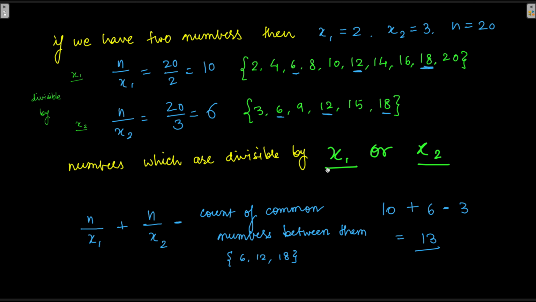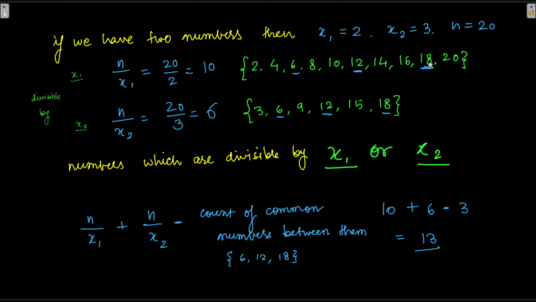There could be numbers which are only divisible by 2, numbers which are only divisible by 3, and then some numbers which are divisible by both of them. For example, in this list, you can see 6 can be divided by 3 and 2, both of them. 12 can be divided by 3 and 2, both of them. And similarly, 18 can be divided by 3 and 2.